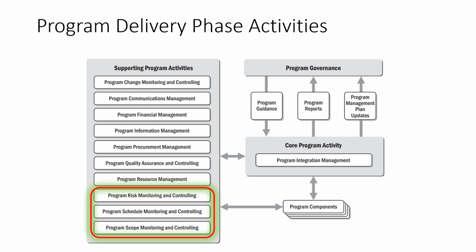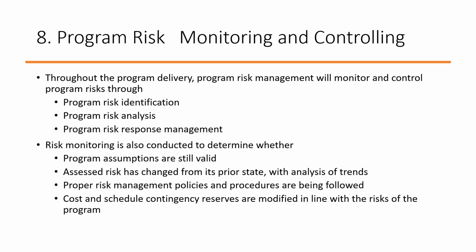Today we're going to discuss program risk monitoring and controlling, program schedule monitoring and controlling, and program scope monitoring and controlling, the last three activities of delivery phase activities. So let us start today's video with program risk monitoring and controlling.